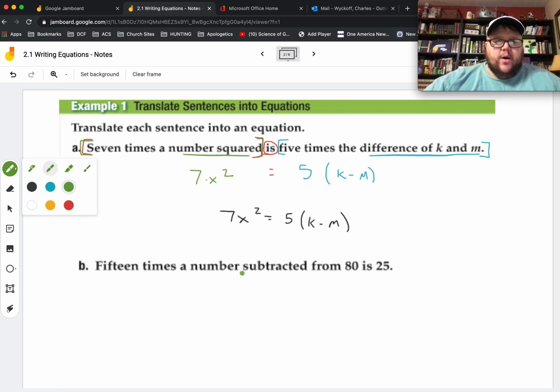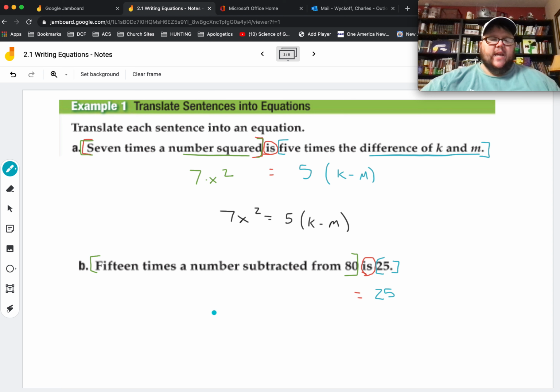15 times a number subtracted from 80. All that occurs before the is, which I'm going to circle. And then our right side is 25. So that means we have our equal sign here, and on the right side is 25.